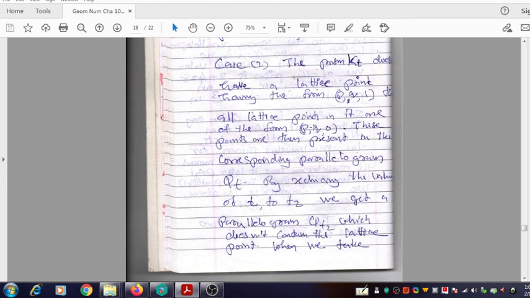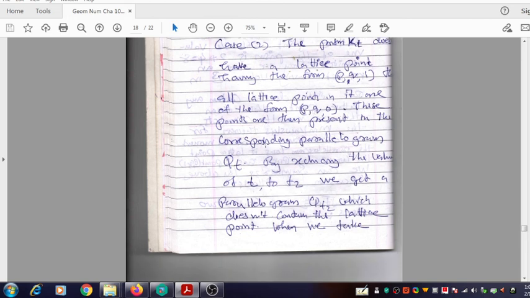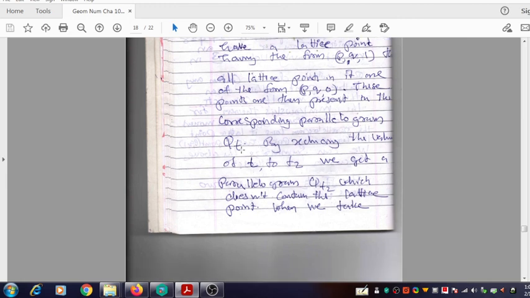So this case is now eliminated, and these points are then present in the corresponding parallelogram Qt.